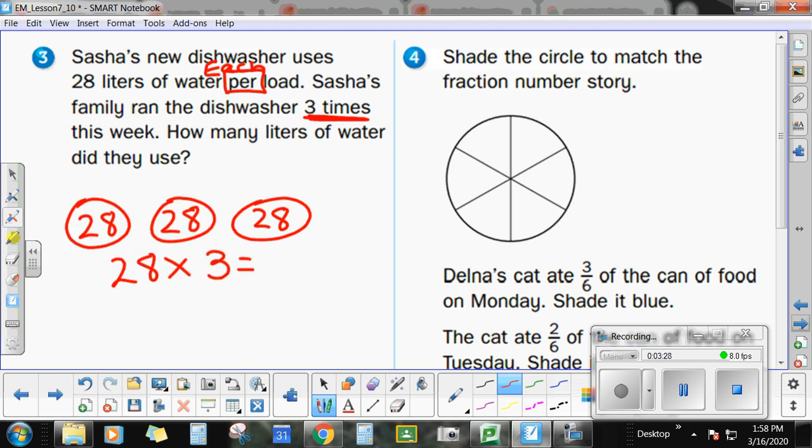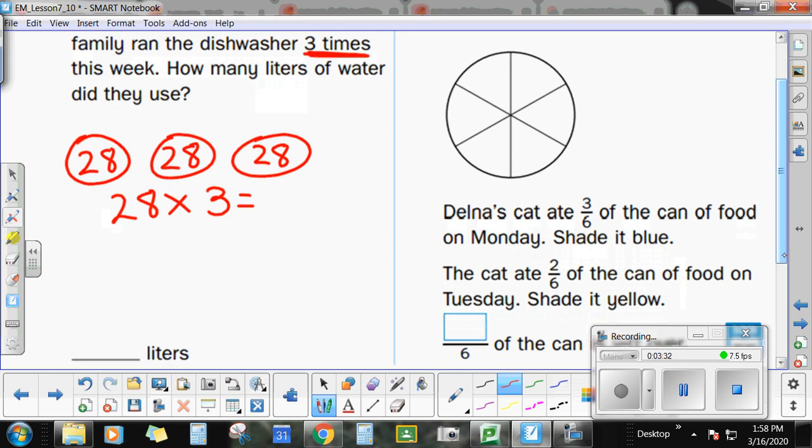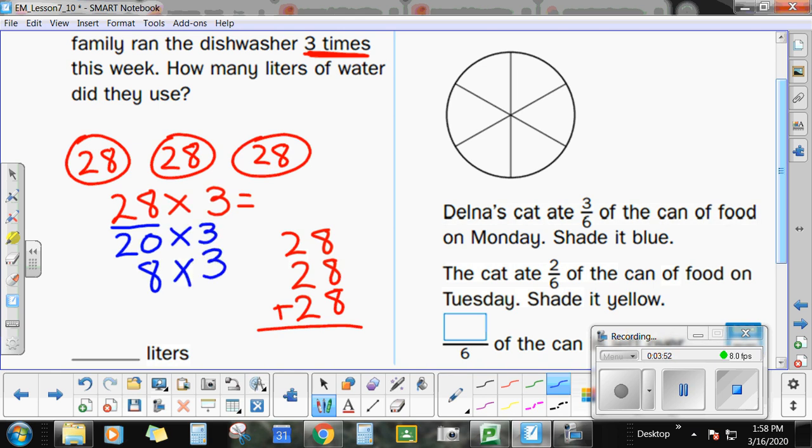Now guys, we just started working with multiplication with bigger numbers. Remember though, this isn't too big of a number that you couldn't go ahead and stack 28 three times and add it. Or we can do our break apart strategy that we started working on, where we break the 28 into 20 and 8. We can do 20 times 3 and then 8 times 3.